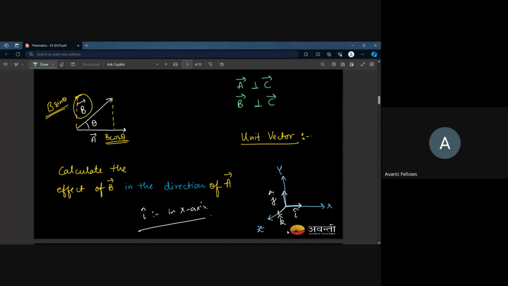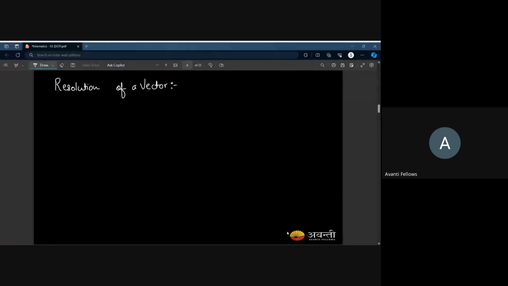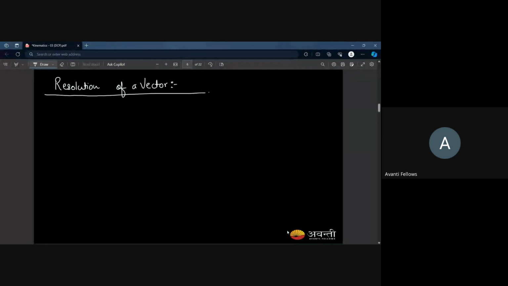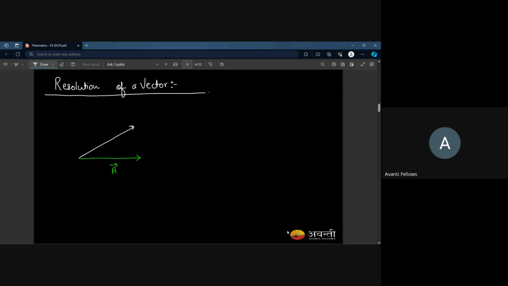Okay. Another thing which I want you to have an idea about is the resolution of a vector. So for example, this is vector A, and this is vector B here.